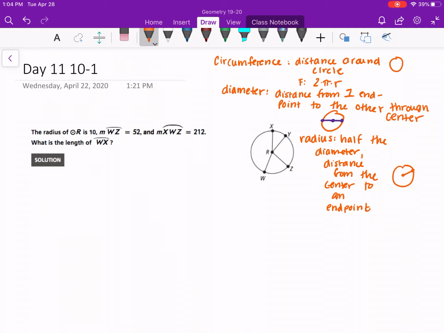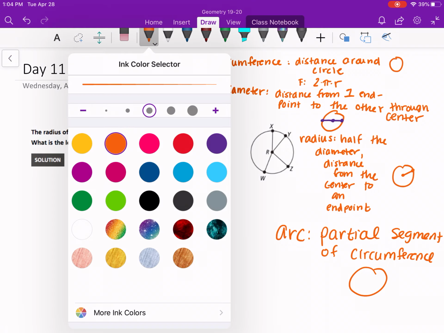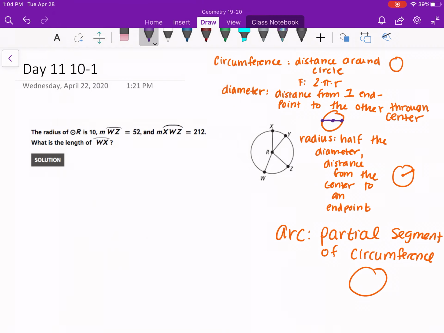And the new thing that we're going to add on today is what an arc is. An arc is just a partial segment of the circumference. So what that means is if I have a circle, my arc is just this distance to this distance.